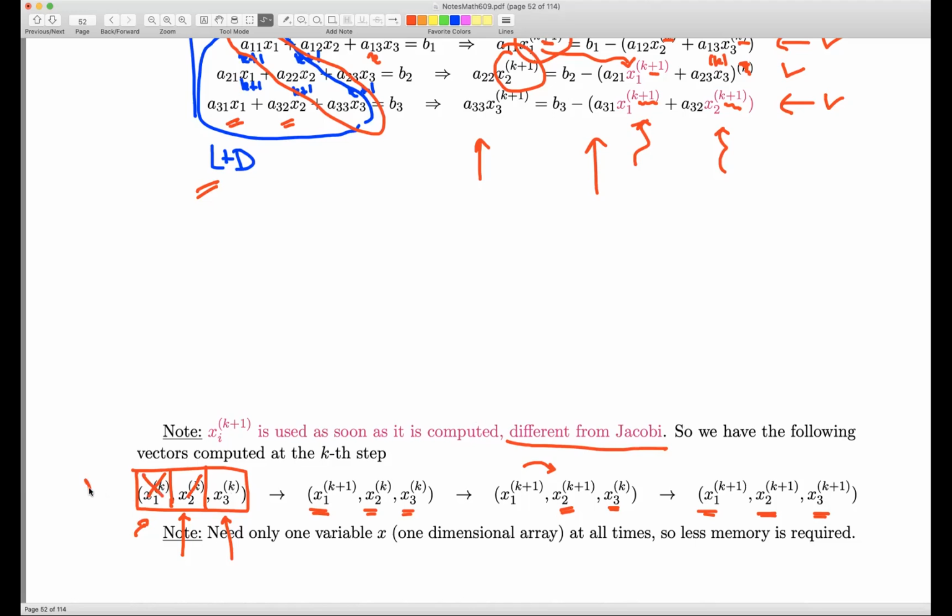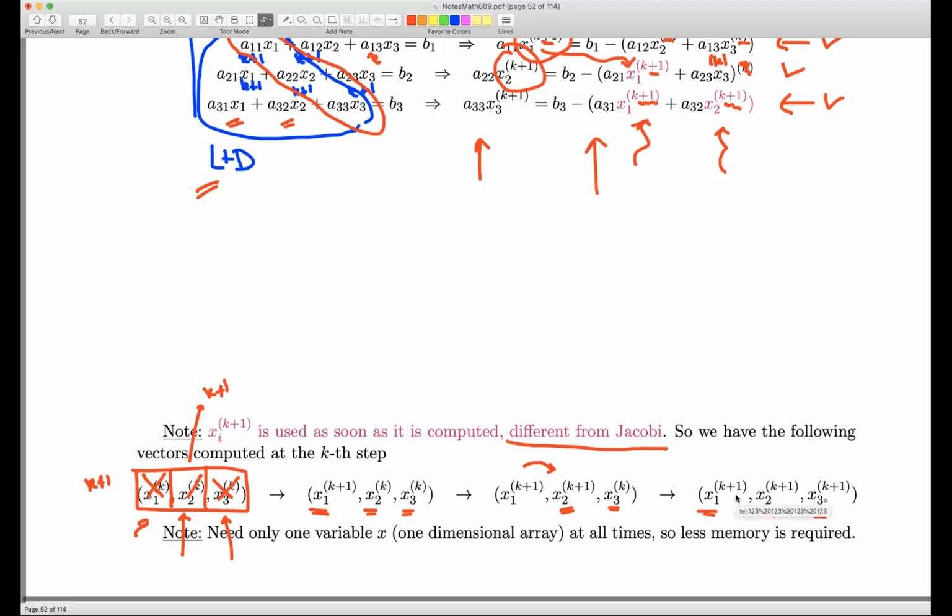So now we have part of the components. Here we will have the first component of k plus 1, here the second component of k plus 1, and here we will have the third component of k. At the end, we also overwrite this, and in this place we write the third component of k plus 1.